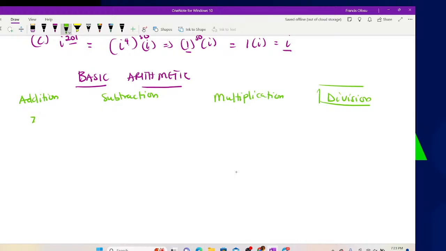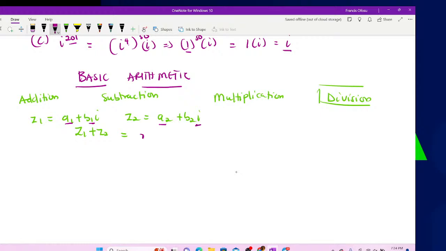At this point, let's see addition. Let's say we have Z1 equal to A1 plus B1 i, and Z2 equal to A2 plus B2 i. If you want to find Z1 plus Z2, it is simply equal to this: we add the real parts together separately, then the imaginary parts will also be added separately.